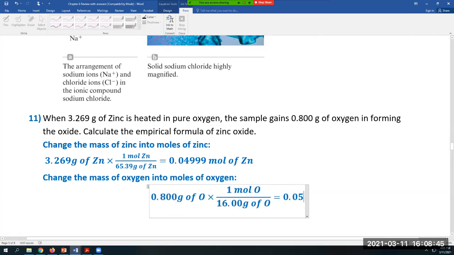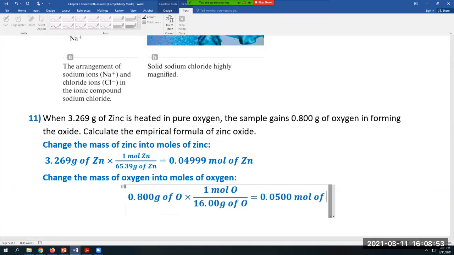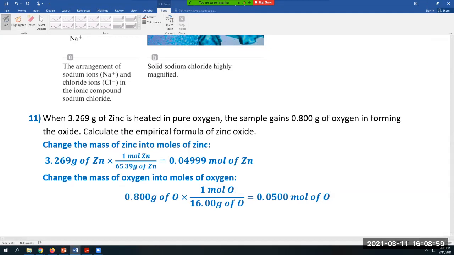Right now, we have only 1 sig fig, so let's add 2 zeros to show 3 sig figs. And the unit of that is moles of oxygen, because that's what we calculated. And to show how this will cancel, let me do it with the zinc here, how the grams cancel, and here how the grams of oxygen cancel. That's why we have calculated numbers of moles.